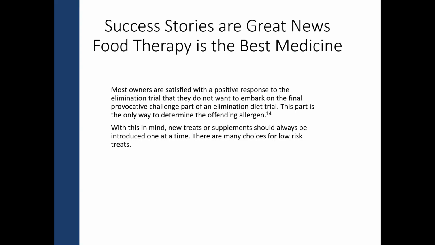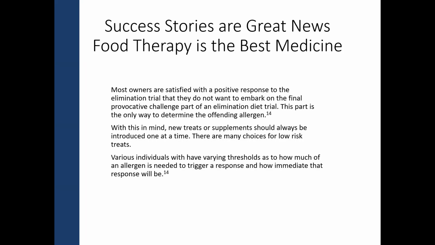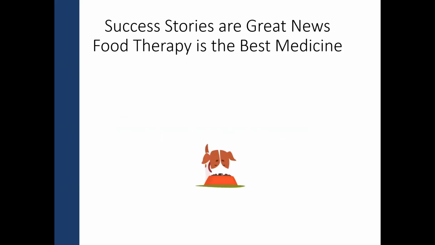There are many options for low-risk treats. Various individuals have varying thresholds as to how much of an allergen is needed to trigger a response and how immediate that response will be. Now the disease can be controlled by dietary management. How highly convenient for both the owner and the pet that they can keep their pet feeling great by restricting what they're eating.